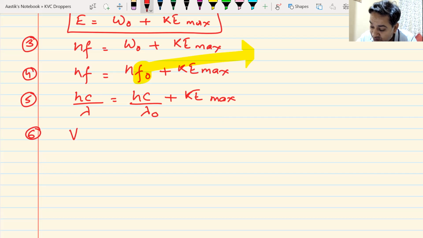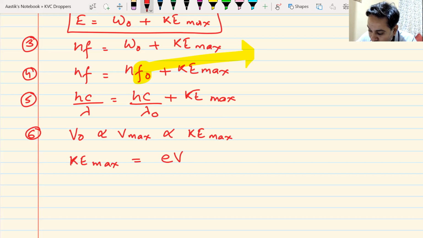The stopping potential V naught is proportional to the maximum speed. It is proportional to the maximum kinetic energy. Do we understand this? Yes, sir. So I can write it in a different way. We remove the proportionality sign. The maximum kinetic energy is E into V naught, where what does E stand for?